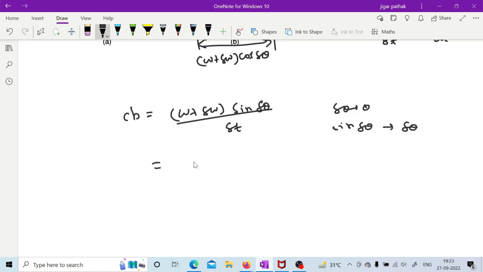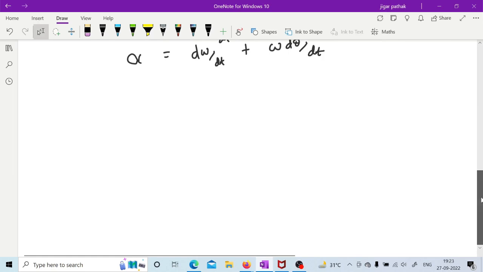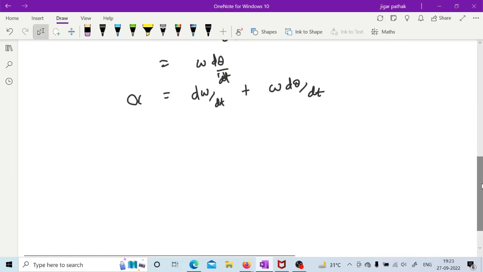The term delta omega delta theta by delta t will be very small, so you can neglect it. Only omega delta theta by delta t will remain, which is nothing but omega d theta by dt. So the total angular acceleration alpha is given by both components, that is d omega by dt plus omega d theta by dt.